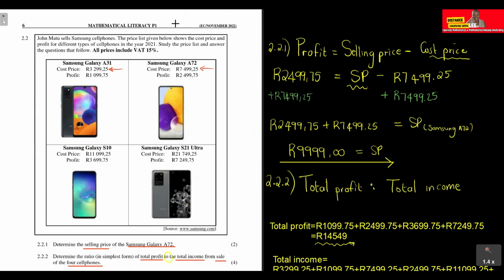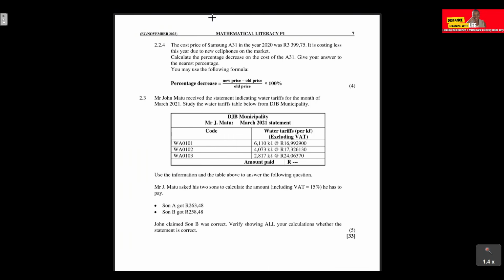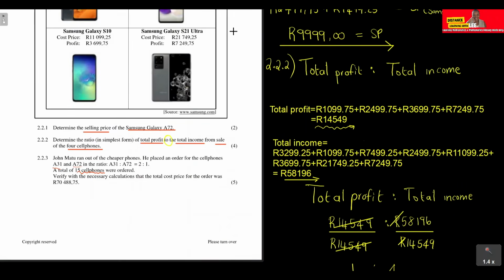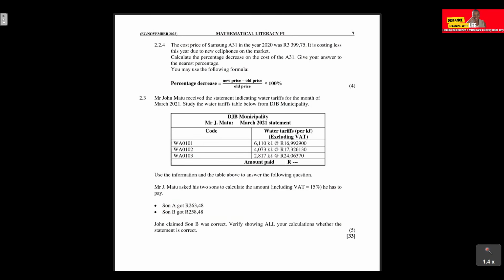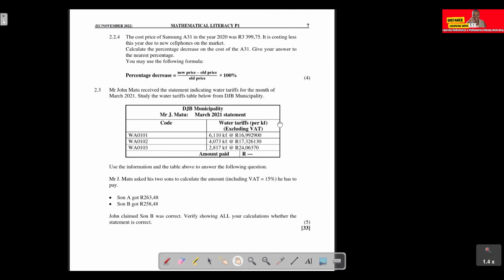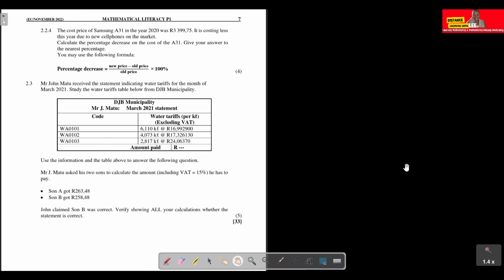That is it, guys, for question 2.2.3. Let us have a look at question 2.2.4. We are told that the cost price of a Samsung A31 in the year 2020 was 3,399 rand and 75 cents.